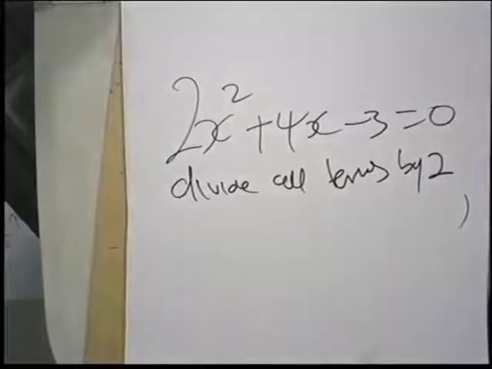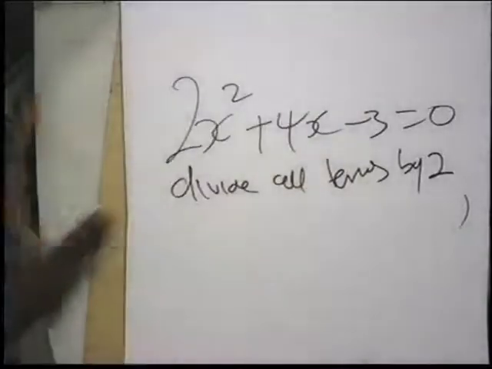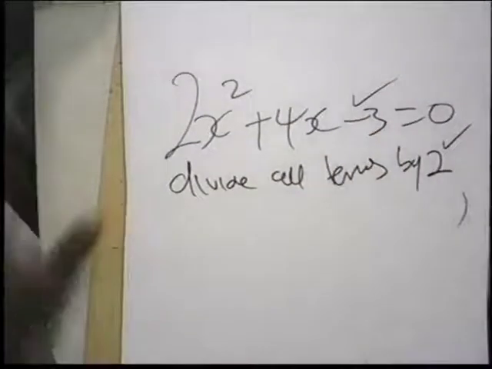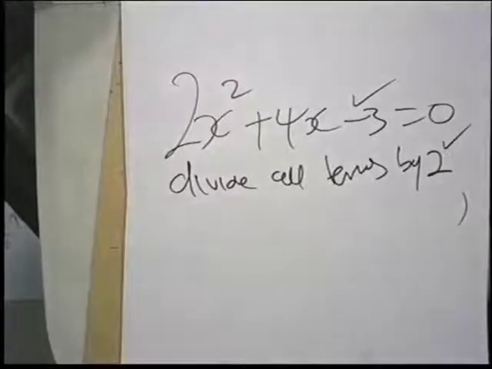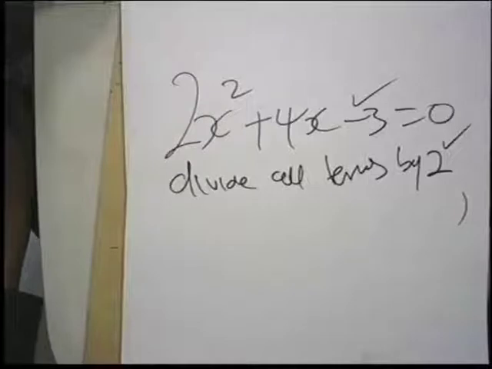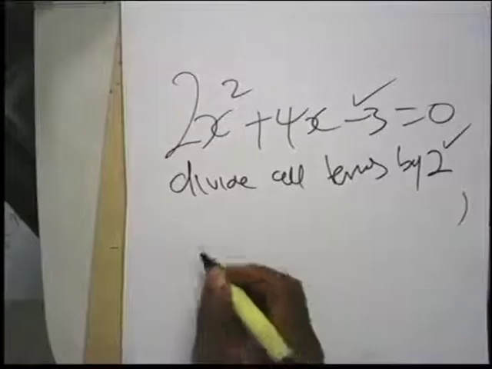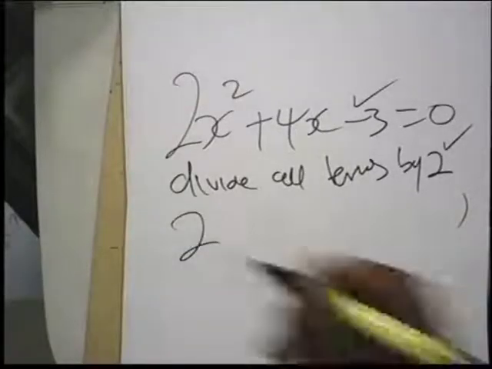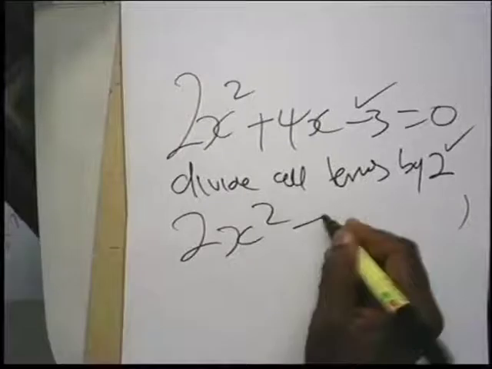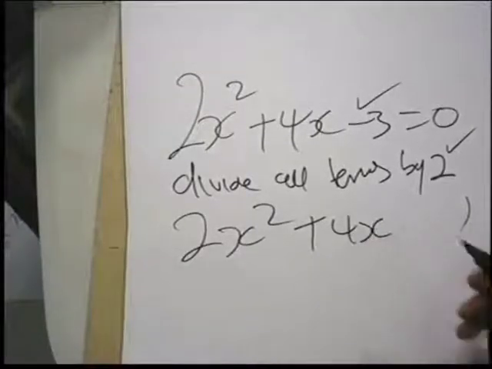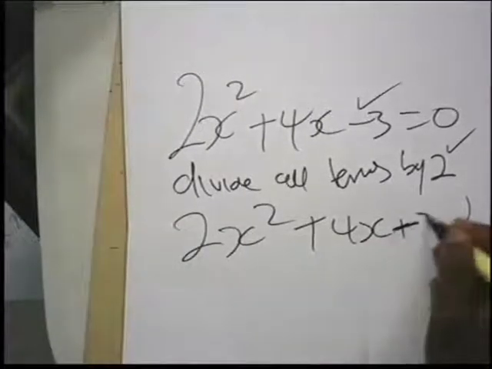Now, like what I was telling you, when you are doing it in the exam, I'm going to mark this as a step. When you are trying to divide all terms by 2, how does it go? Because we are using completing the square, 2s squared plus 4s minus 3 equals 0.